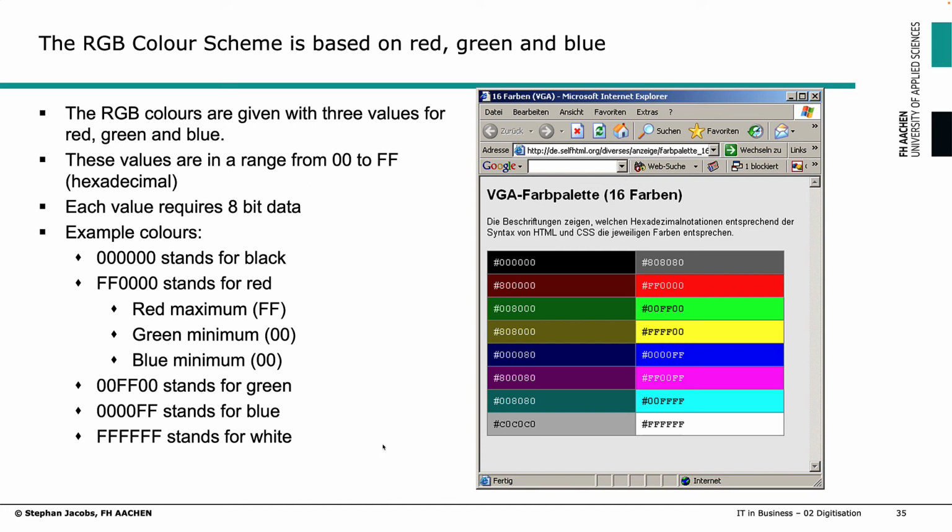Then you have white. And if you simply go, for example, for FF 00 00, means red is at its maximum and both green and blue are at minimum, then you simply have a red color. Same for 00 FF 00 and so on.